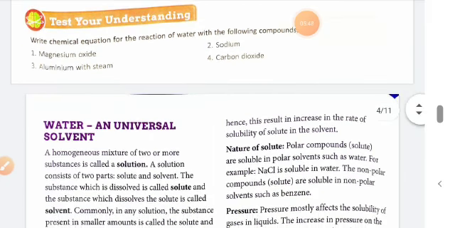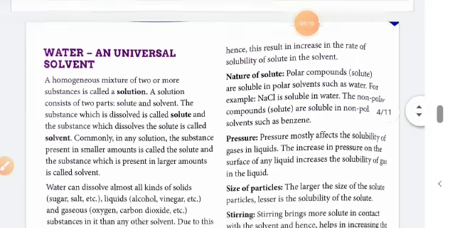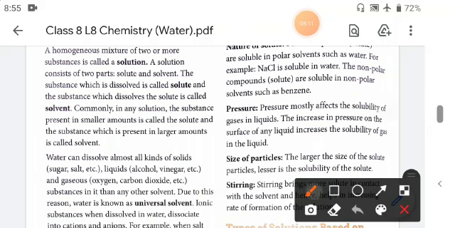Now here, water as a universal solvent. How can you say that water is a universal solvent? You know, a homogeneous mixture of two or more substances is called a solution. What is a solution?